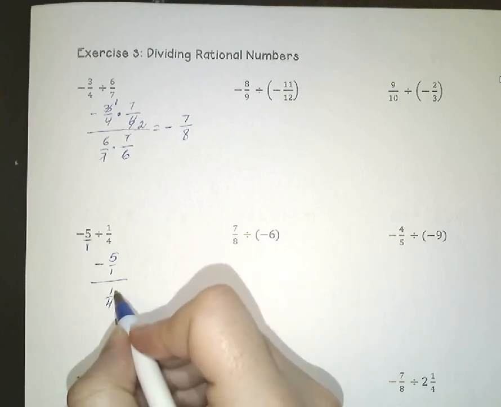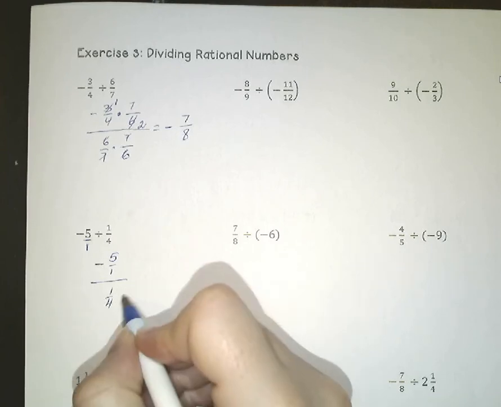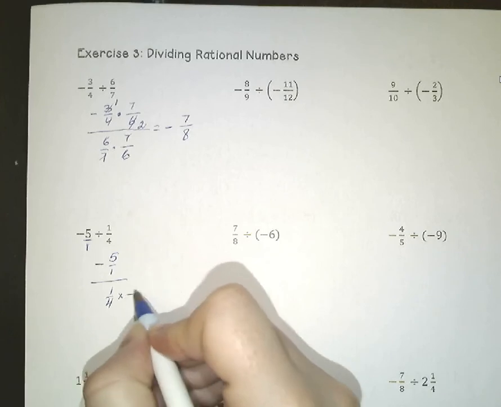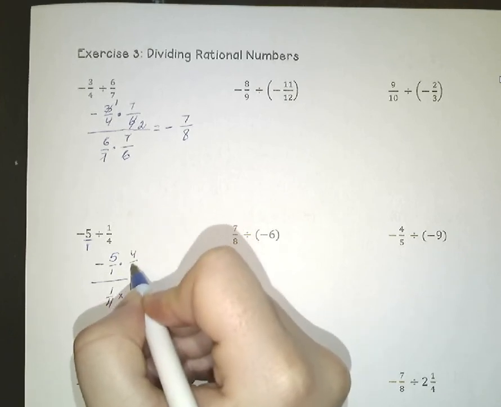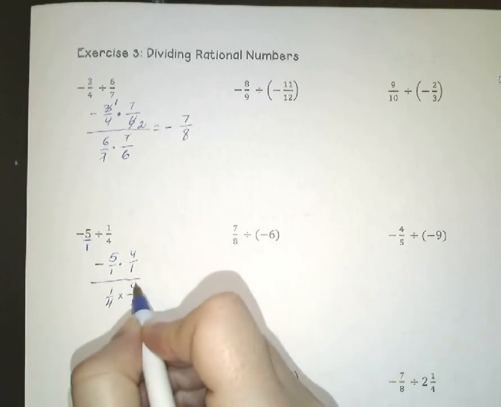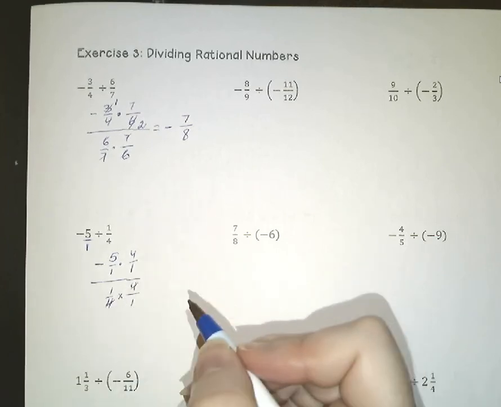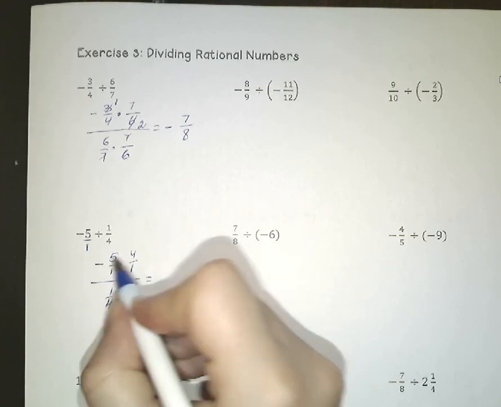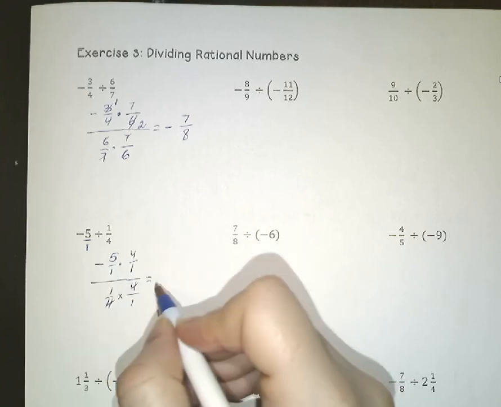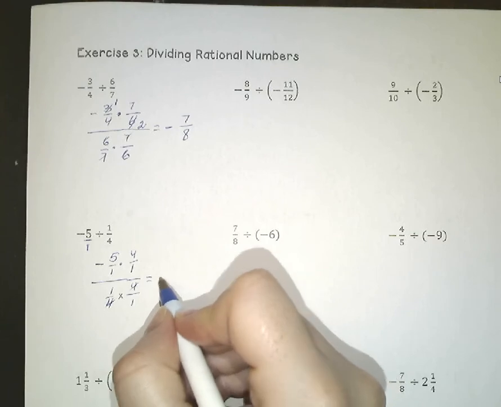You want to get rid of 1/4 in the denominator, so you are going to multiply it by its reciprocal, 4 over 1. Multiplied by 4 over 1. Now you can simplify 4 and 4 in the denominator, and that will be a 1. You don't need it, so you only work with the numerator. Negative 5 times 4 is negative 20.